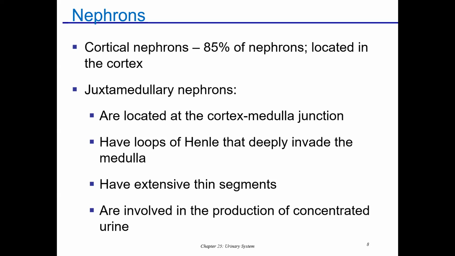The juxtamedullary nephrons are all about recovering water and sodium. So they can produce a very concentrated urine. Now since only 15% of them are involved, if all the nephrons are involved, we're using them to regulate the concentration of our urine. Is it going to be bright yellow or is it going to be transparent? So it just depends.